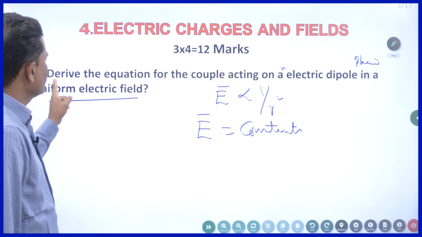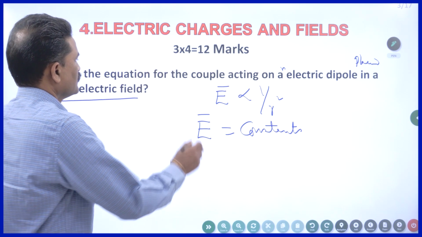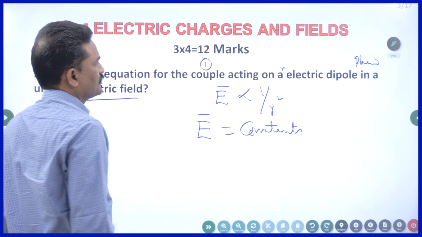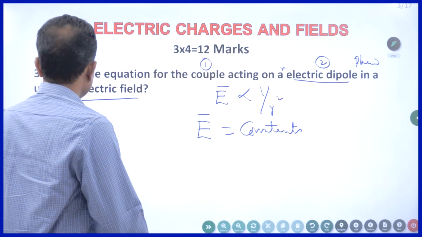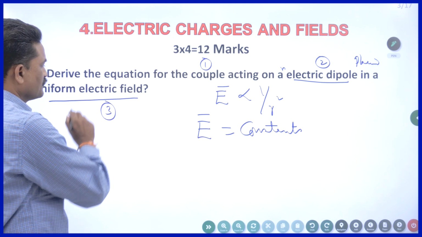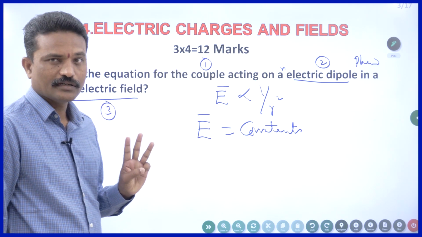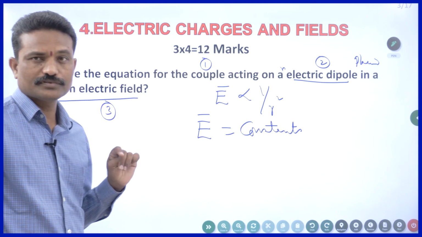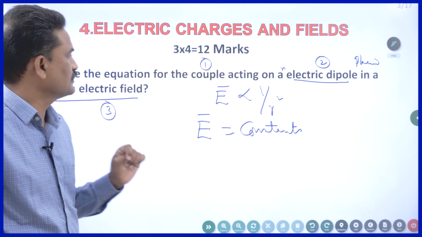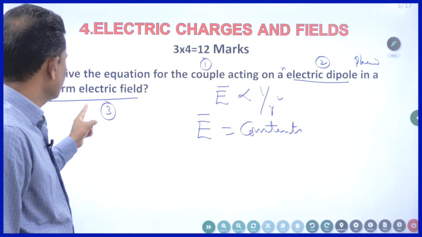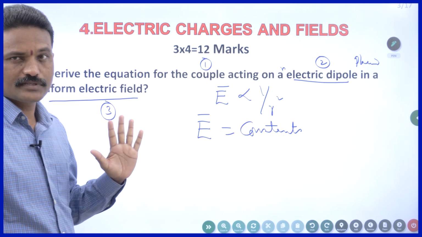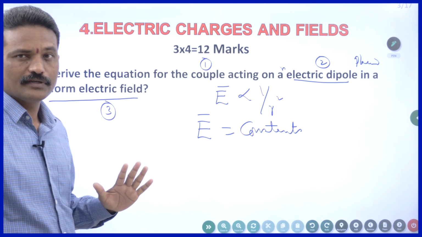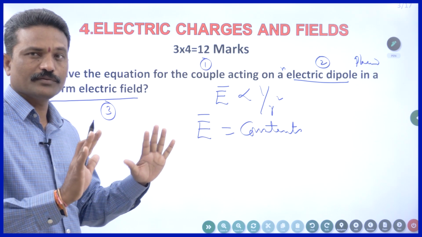Now in our question, derive the equation for the couple acting on electric dipole placed in a uniform electric field. You should know what you mean by couple. These are the three words you are supposed to understand. The third one I explained, uniform electric field: the field in which the intensity of electric field remains same at all the points.